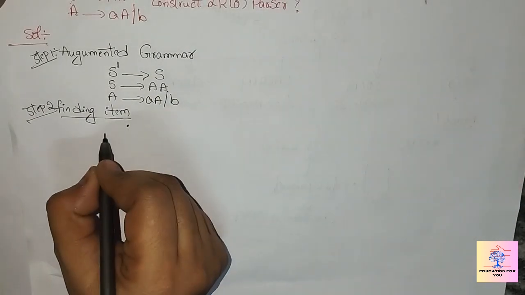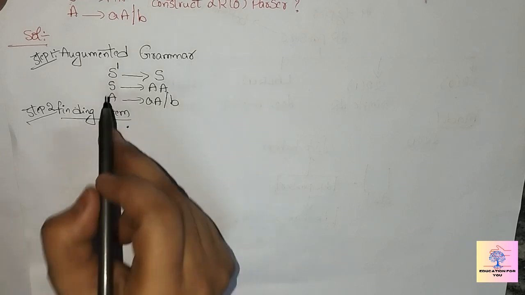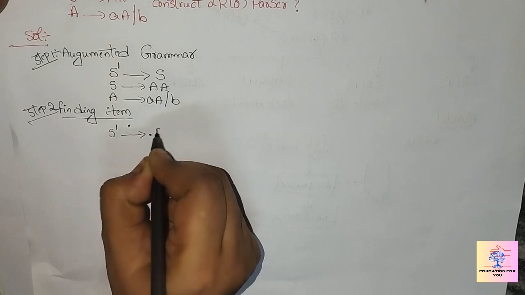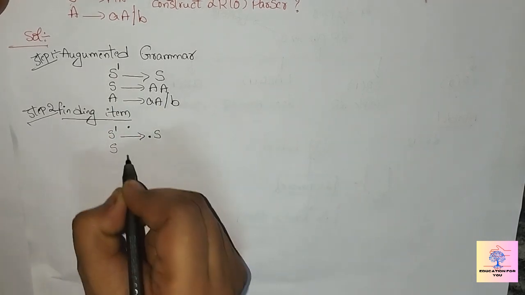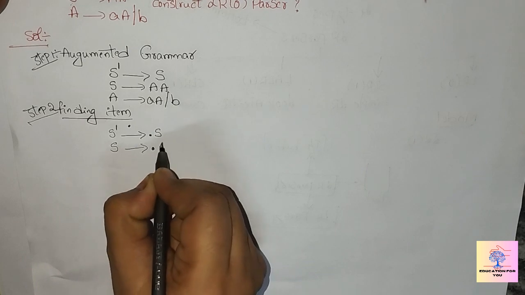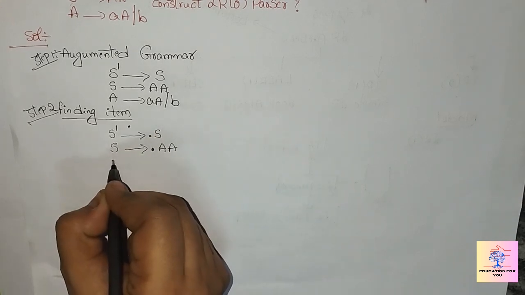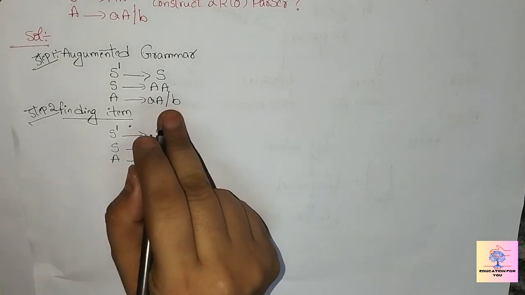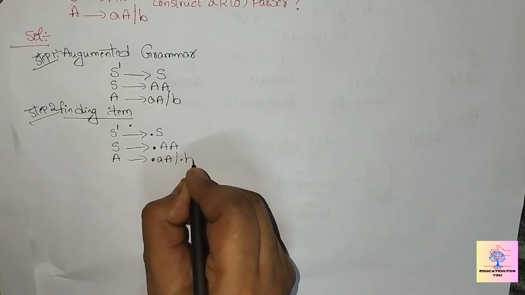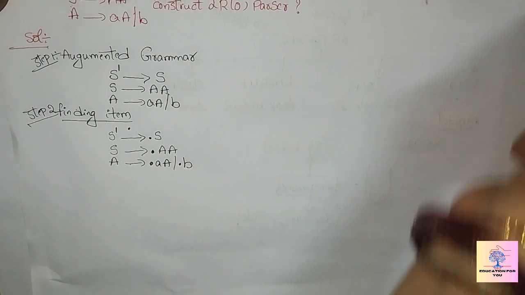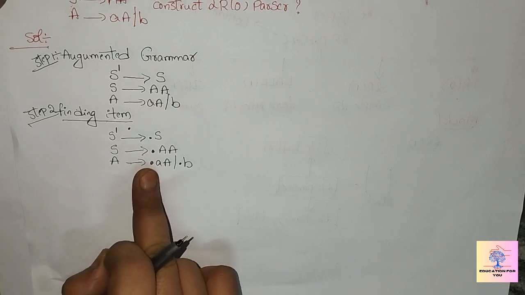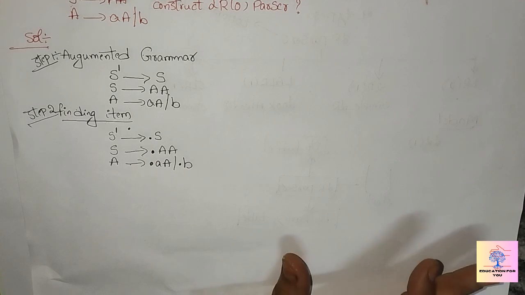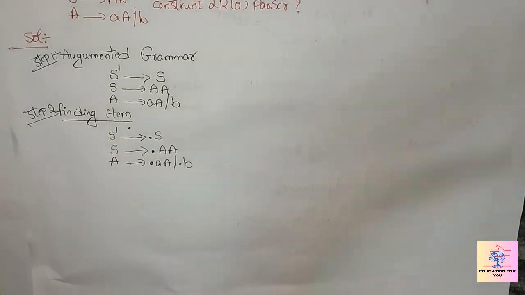For example, in the first production, S dash goes to dot S. Second production is S goes to dot A. Next is A goes to dot a, and another production A goes to dot B. This introducing of the dot is called finding the item here. So here it is called an item.